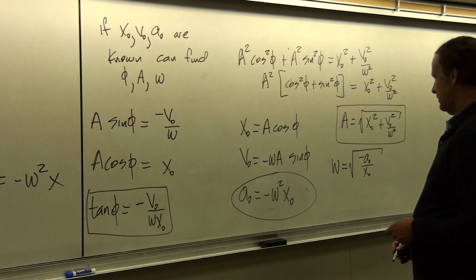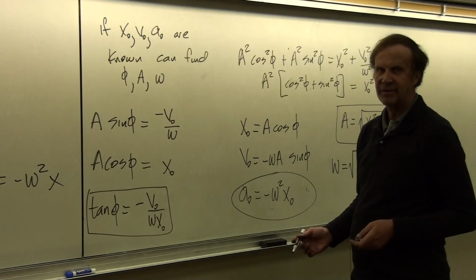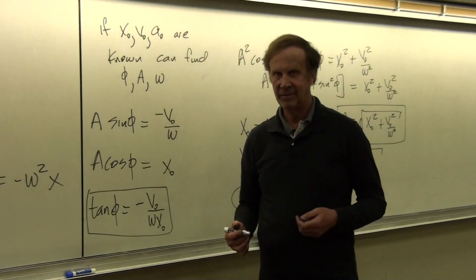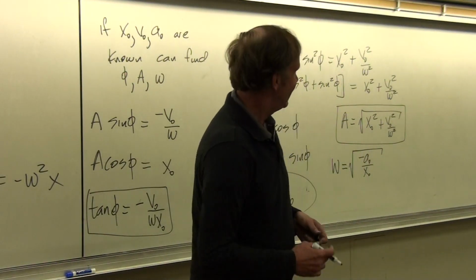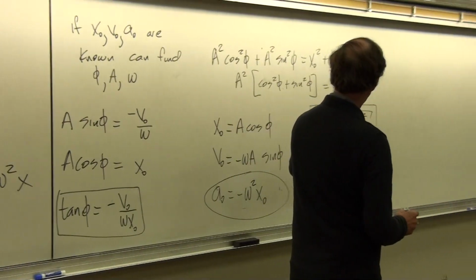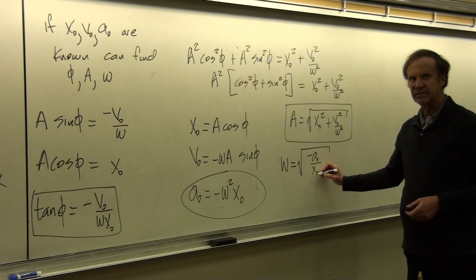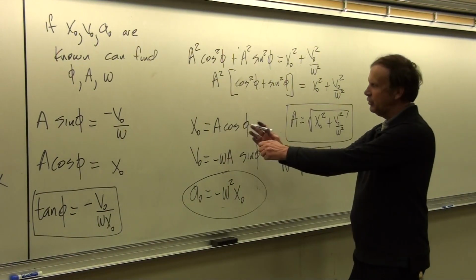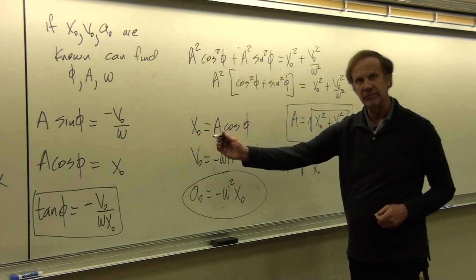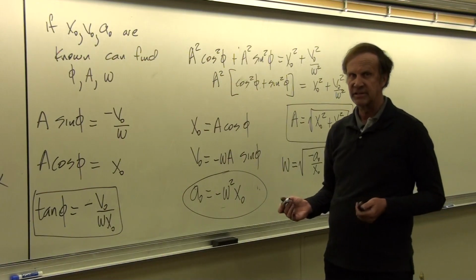And so you might say, well, wait a minute, that's the square root of a negative number. And so that's no good. But remember that a naught and x naught have to have opposite signs. Because when you pull something this way, it's got a restoring force, which is in the same direction as the acceleration.